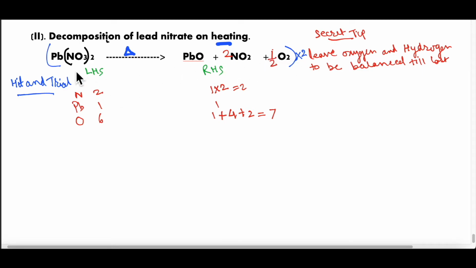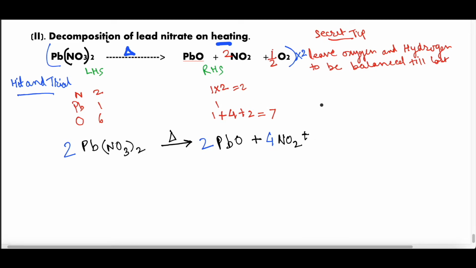So when we multiply the whole equation by 2, we get 2 Pb(NO3)2 upon heating gives 2 PbO plus 2 times 2, that is 4 NO2 plus this 2 on the denominator and this 2 on the numerator will get cancelled. So we will get one molecule of oxygen. So it is 1 O2. And we know that we don't write the coefficient 1. We assume that 1 is present here.